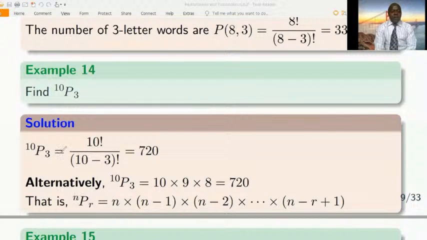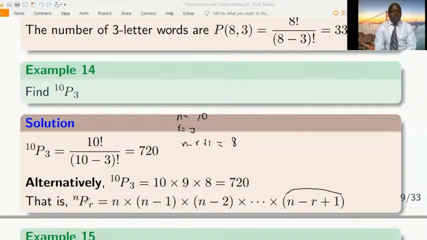my n is 10 for this question, and my r is 3. What about n minus r plus 1? I just want to determine the last term here. N minus r plus 1 would be 10 minus 3, which is 7, plus 1, which is 8.